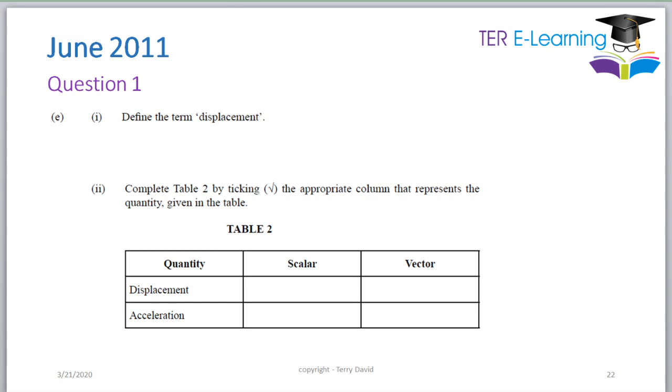So we still have our next part to do. That's part E. They want us to define the term displacement. Can somebody tell me what is displacement?